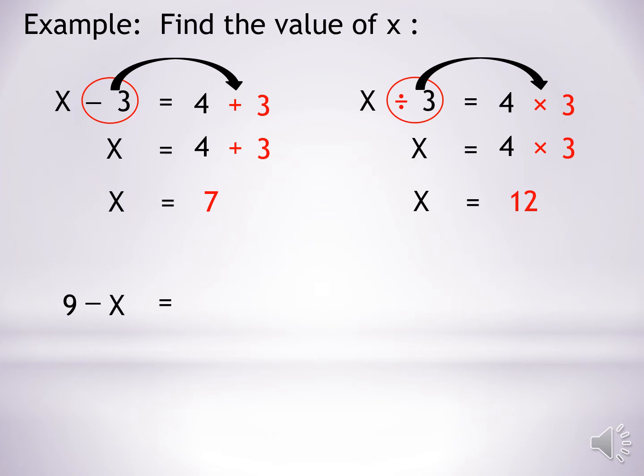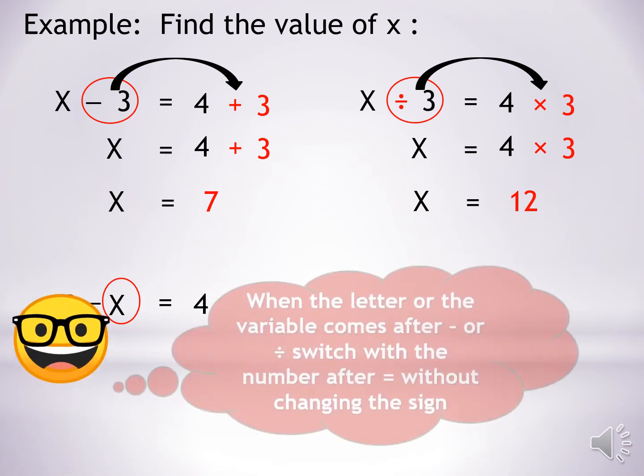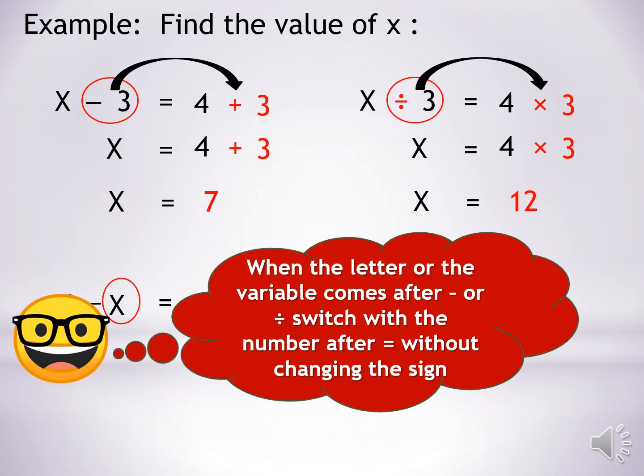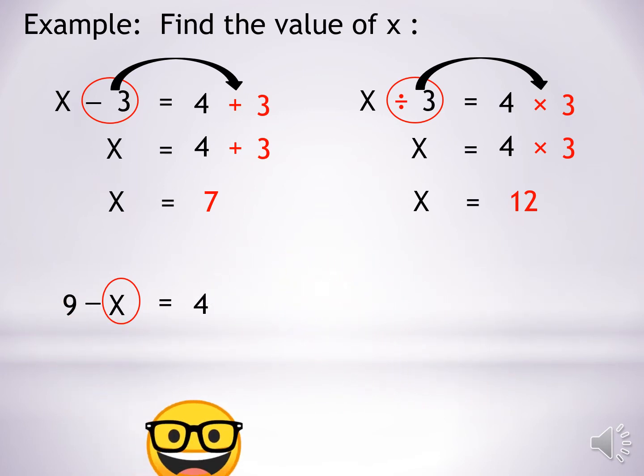Here I have 9 minus x equals 4. When the letter or the variable comes after subtraction or division, as in this case, I will switch it with the number after the equal sign without changing the sign. Let's see how.